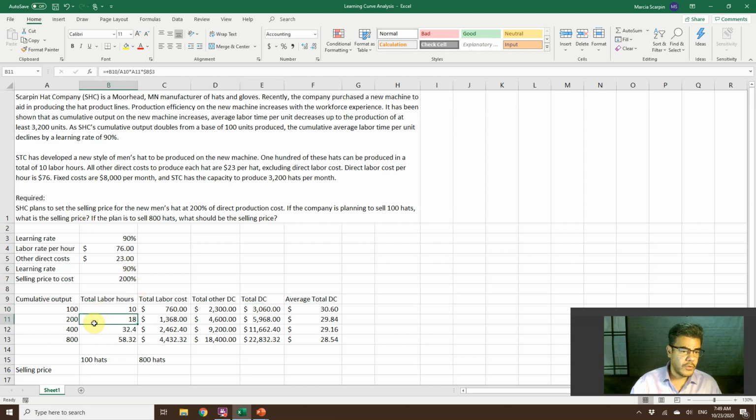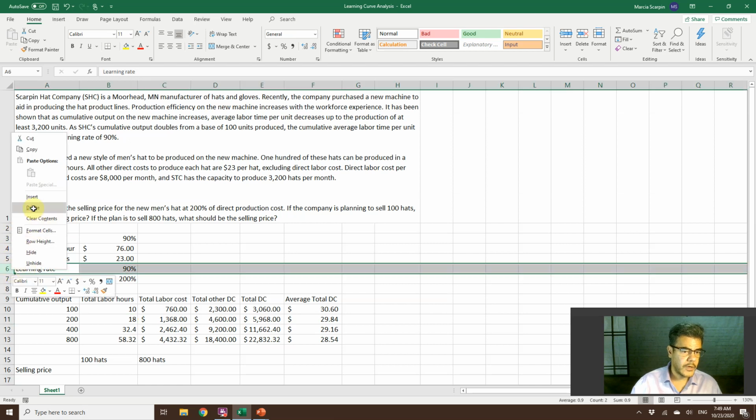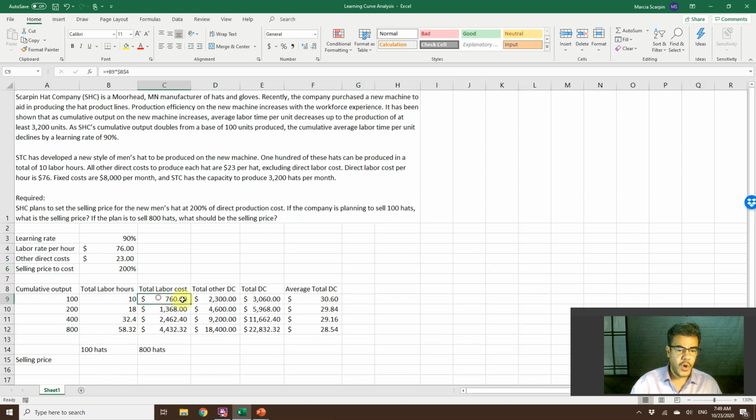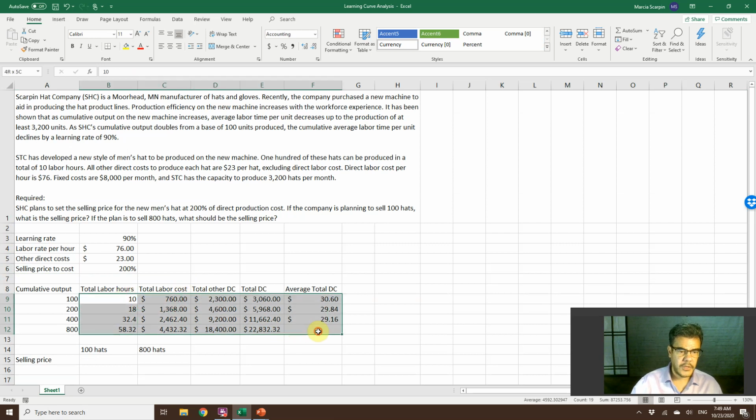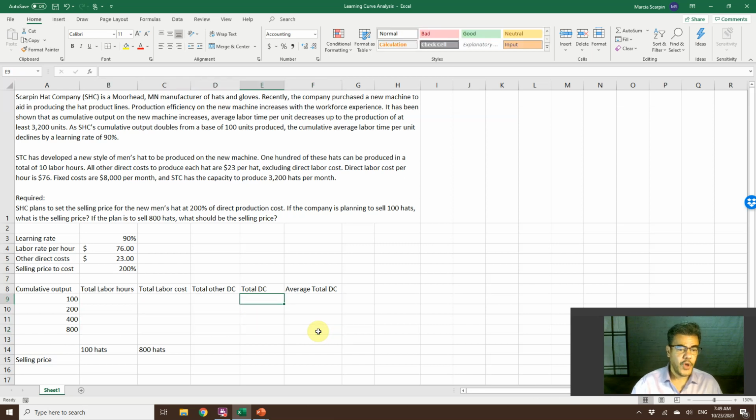So what do we do here? The learning rate is doubled here. So let's delete this one. So what do we have here? Total labor hours for 100 units is 10 labor hours. So our total labor cost will be 10 hours times $76.